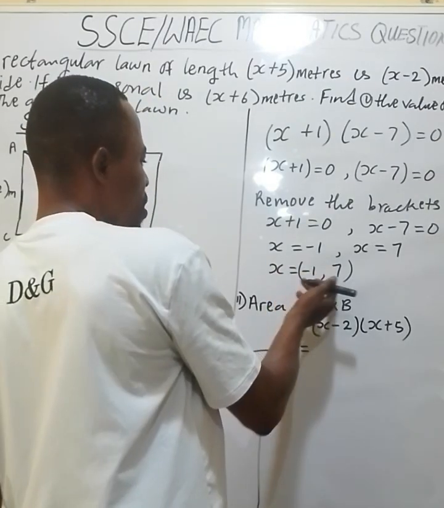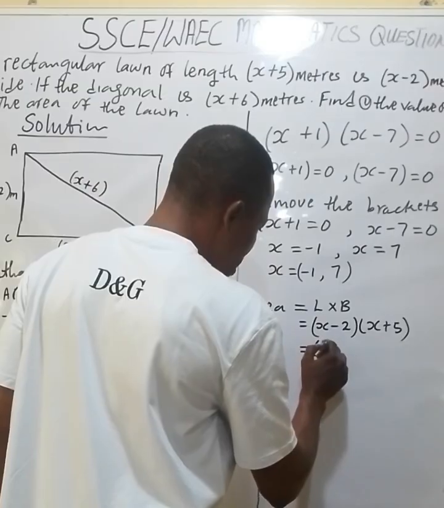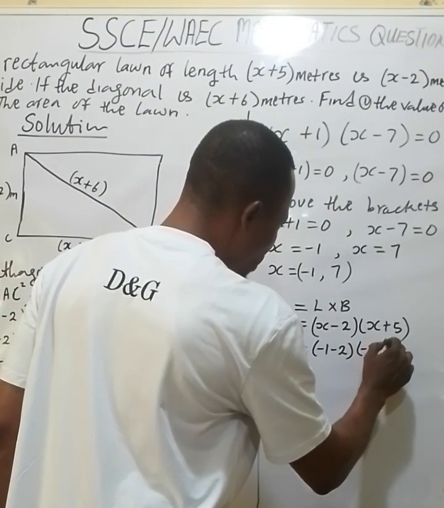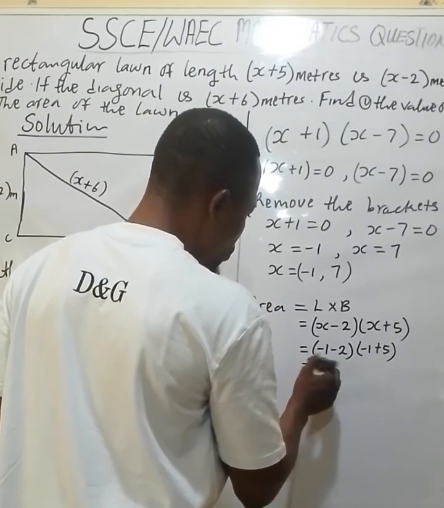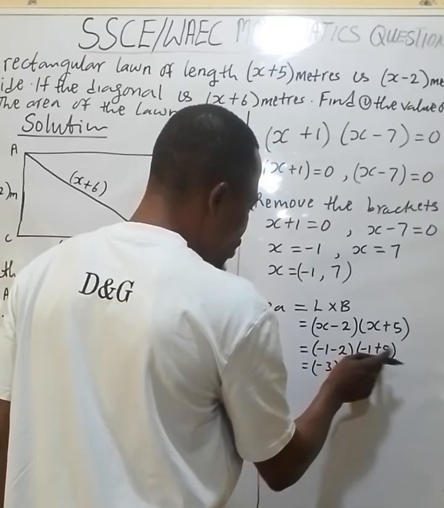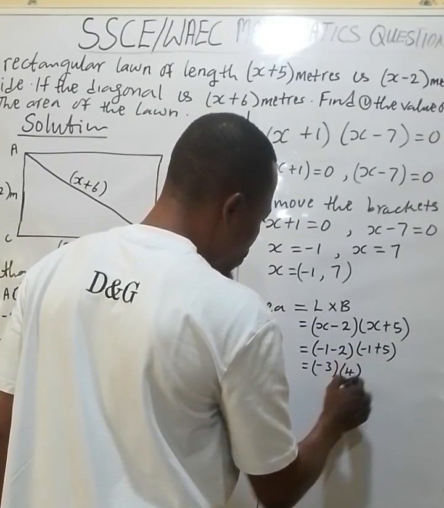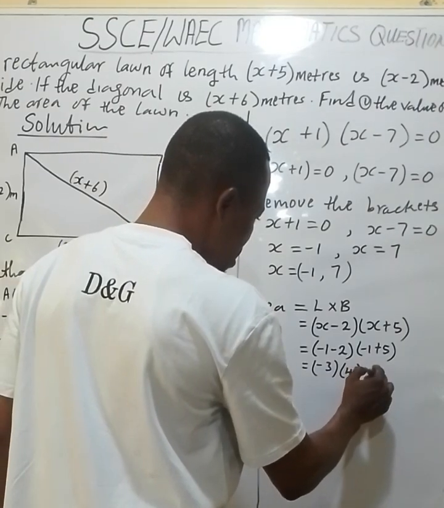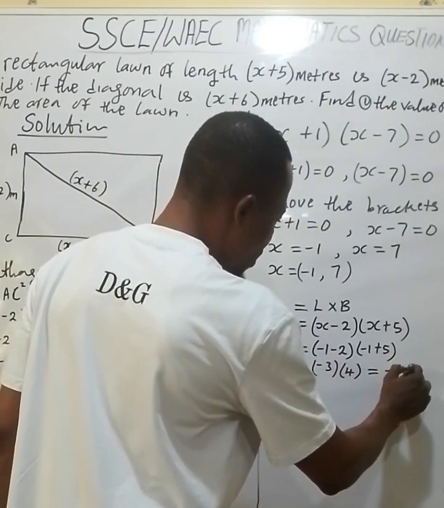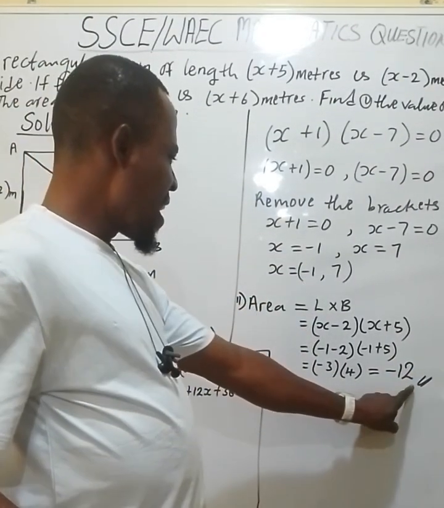So now any one you choose, you are going to get the same answer. So when x is minus 1, let's use it. Minus 1 minus 2 into minus 1 plus 5. So equals to minus 1 minus 2 will give us minus 3. Minus 1 plus 5 will give us what? Plus 4. So which means equals to minus 3 times 4, which is what? Minus 12. So when we use minus 1, the area is minus 12.